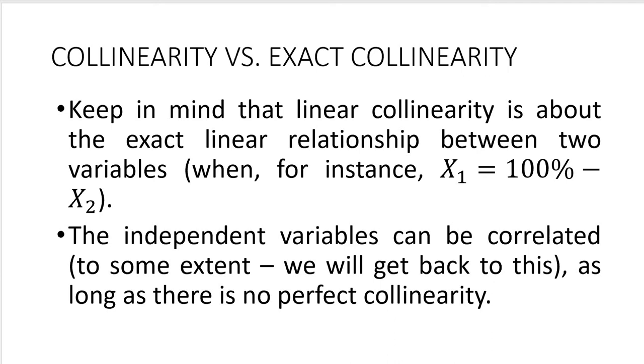So exact collinearity is about the exact linear relationship between two variables. However, the independent variables can be correlated, of course, only to some extent, as long as there is no perfect collinearity. So there are several ways through which you can analyze whether the correlation between independent variables is tolerable for you.